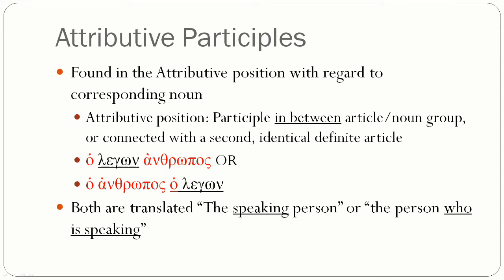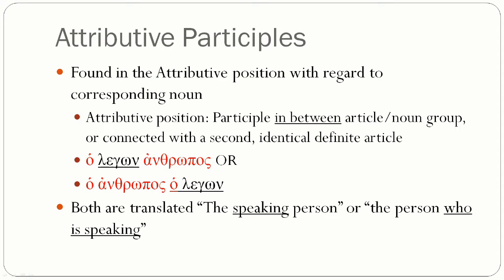All right, so both of these constructions are attributive constructions, an example of the attributive participle. And both are translated "the speaking" or "the saying person." Both of these could be translated "the speaking person," or probably a better way in most sentences would be "the person who is speaking."